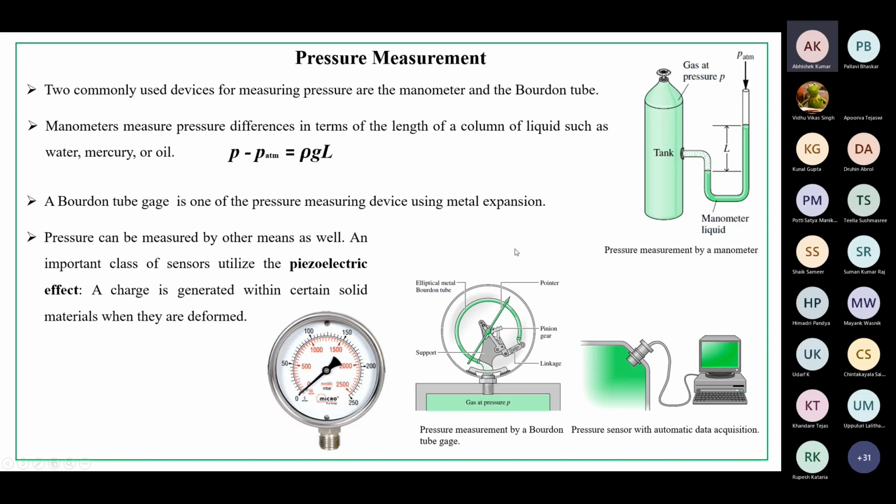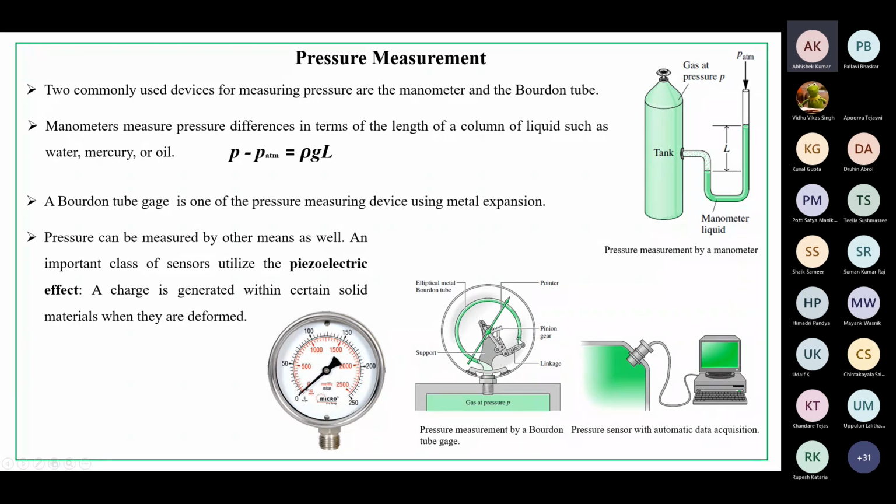Apart from this U-tube kind of manometer, we have other devices, like this Bourdon pressure gauge. On what principle does the Bourdon pressure gauge work? This green tube is there. When fluid at high pressure passes through this green tube, the tube itself expands.